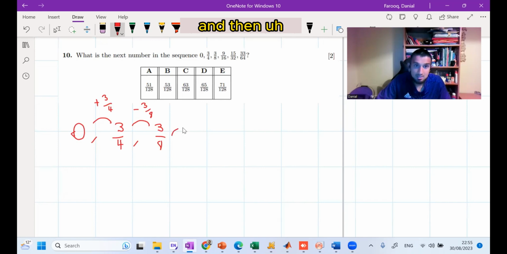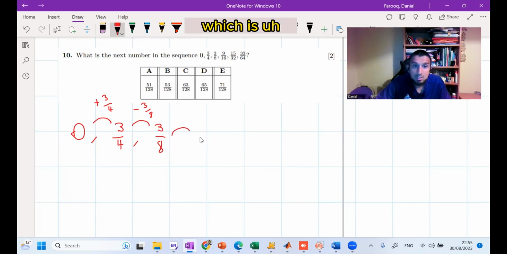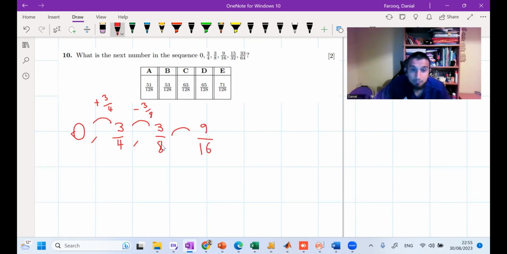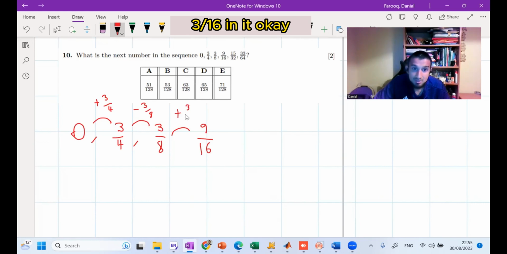And then to get to the next one, which is 9 over 16, here we have 6/16, and then we're going to be adding 3/16, isn't it? Okay.